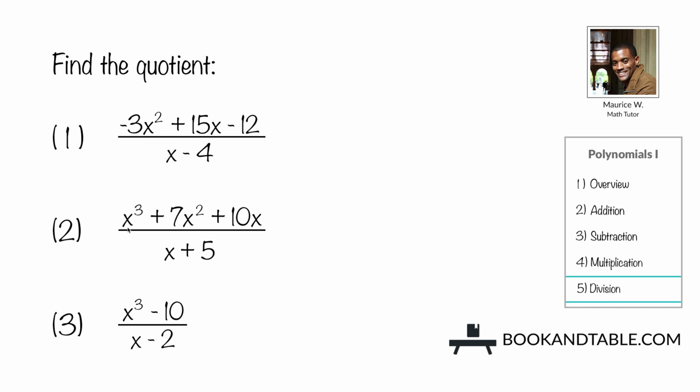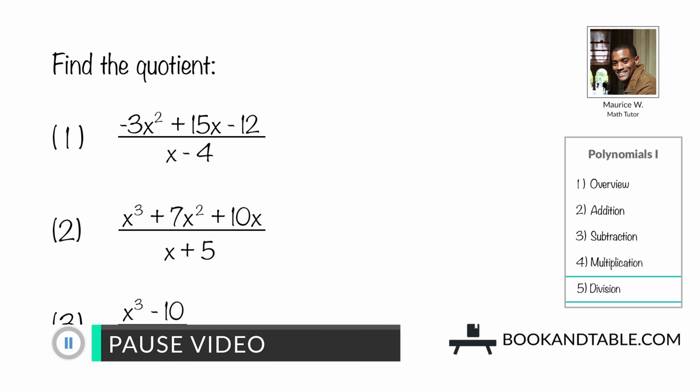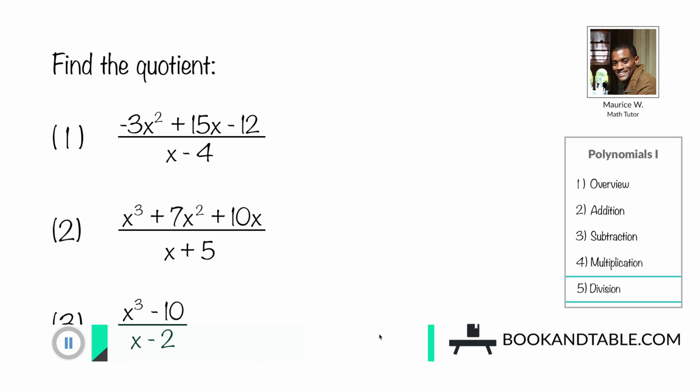Find the quotient of x cubed plus 7x squared plus 10x divided by x plus 5. And question number 3. Find the quotient of x cubed minus 10 divided by x minus 2. Pause the video, answer these questions, and then press play when you're ready to begin.